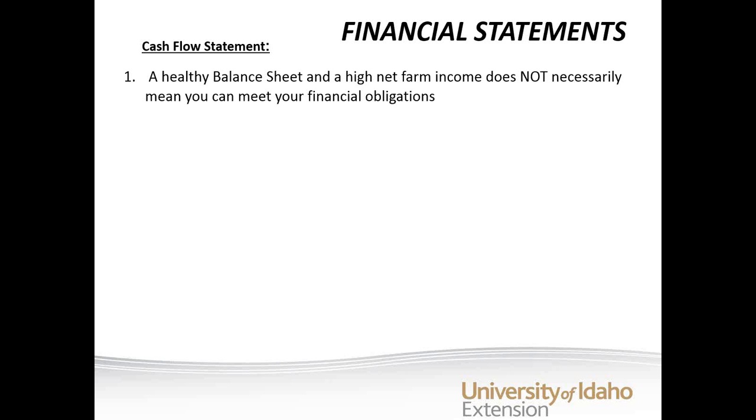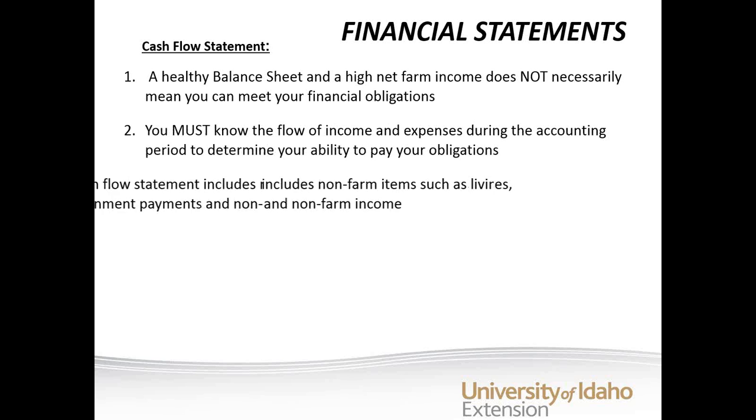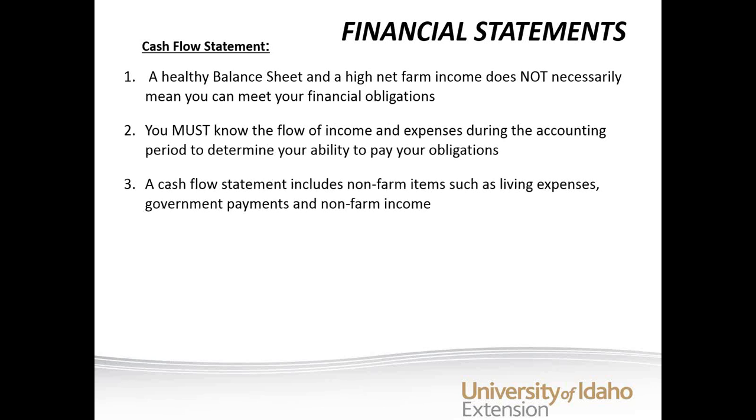And both are recommended. You should have a cash flow budget statement as a budget for the upcoming year, but you should also compare back with the year that you just completed. The cash flow statement includes everything that goes through the farm.